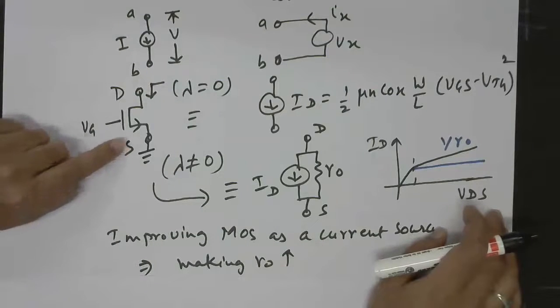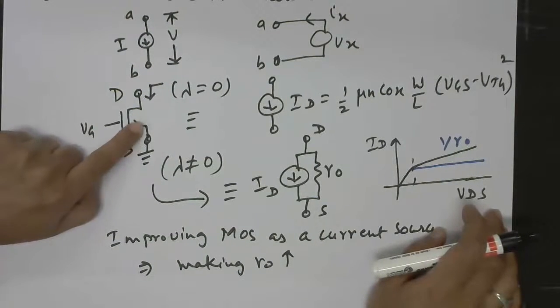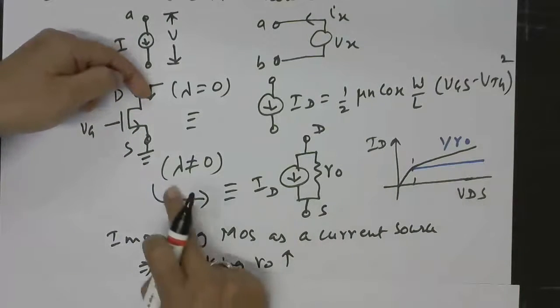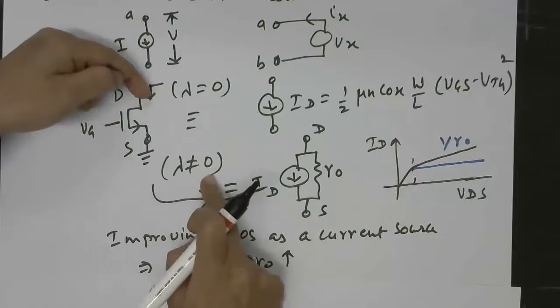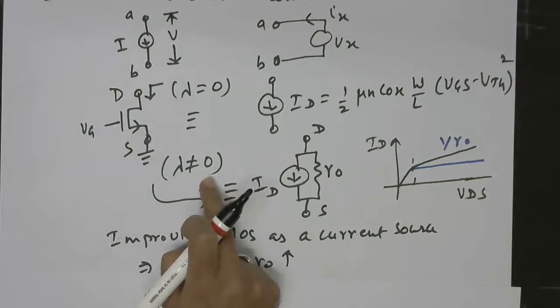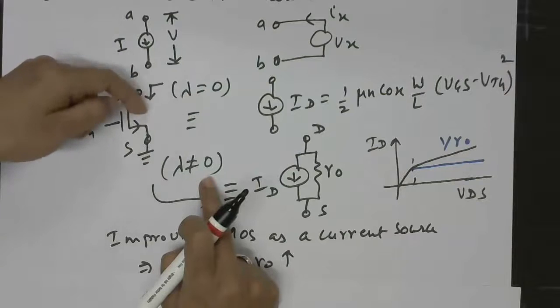We have seen that if we degenerate the source, that means put a resistor between source and ground, then the impedance looking from here for lambda not equal to 0 will be more than in the case without degeneration. For lambda equal to 0, of course, it will always be infinite.